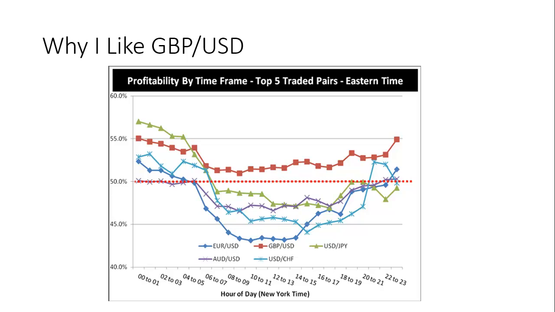So the tip to take from this is twofold. You can look at sterling dollar any time of the day, so I particularly like it, but also if you want to trade some of those other currencies, do it before 6 a.m. New York time. So do it about midnight to 6 a.m. New York time. Well, you might say, wait a minute, what time is that in my local jurisdiction?